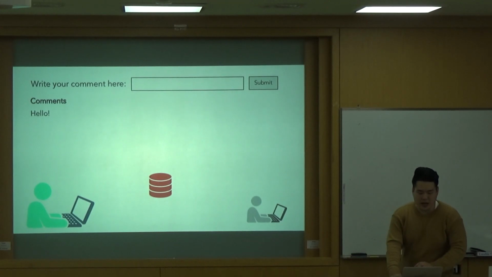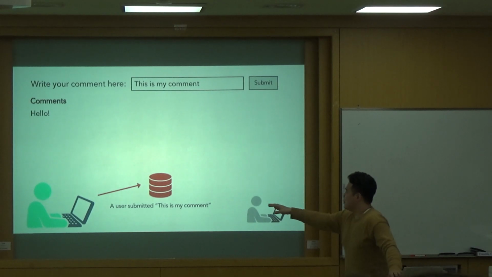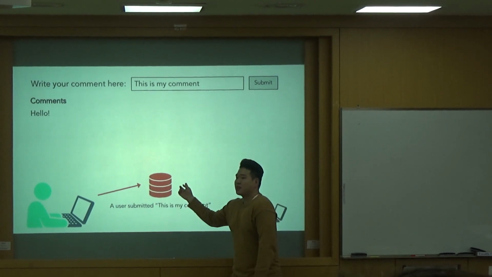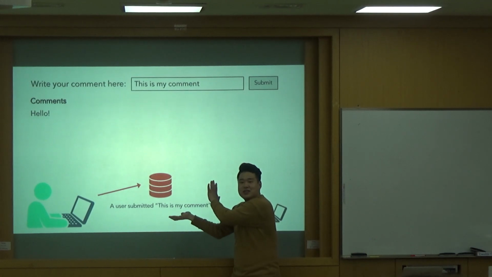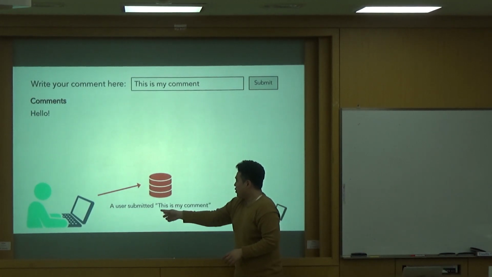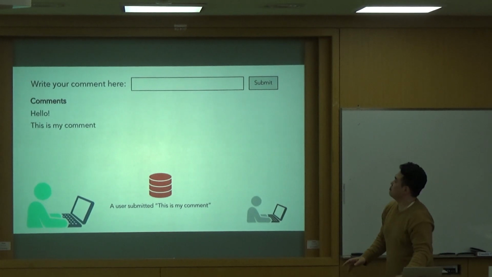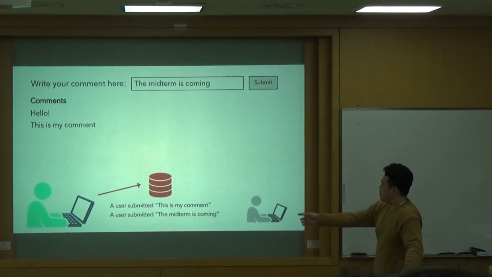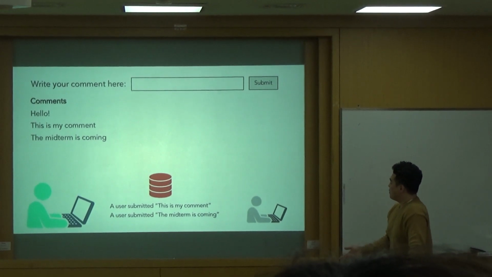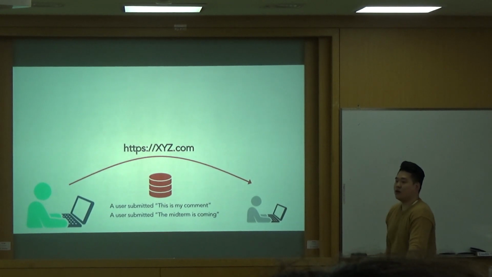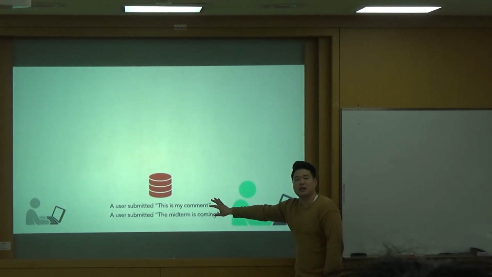So person A wrote this comment, this is my comment, and then it gives the data to our database system. This is the icon of the database system. So here, a user submitted, this is my comment. And midterm is coming as well. This user submitted, the midterm is coming. And then, this user can see exactly the same data, right?